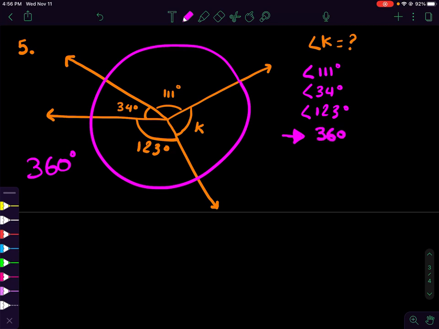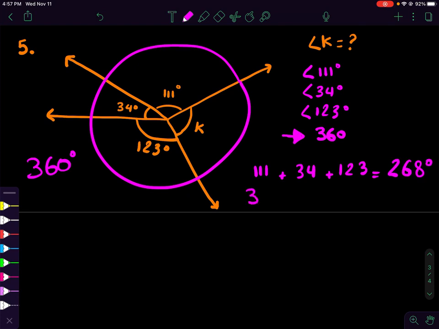Okay? Then what do we do? We say 111 plus 34 plus 123 equals 268 degrees.